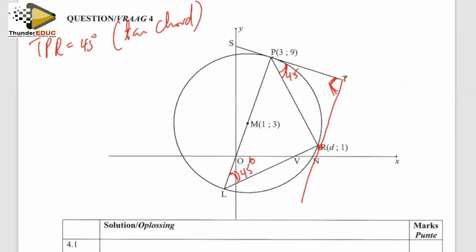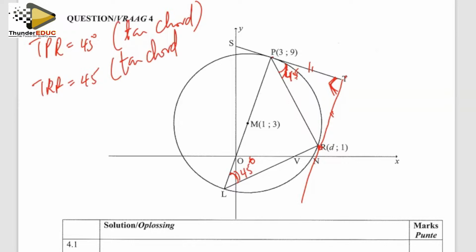Then I can also now, since I have this as a 45, I can declare TRP as a 45 also. I can either give the tangents from a common point are equal, or we can still use our tan chord because it still holds in this case.